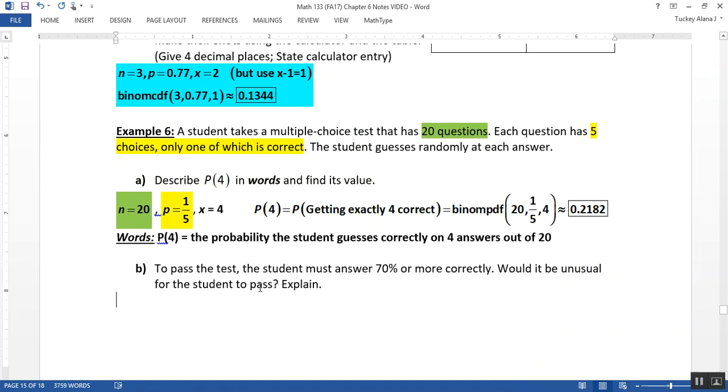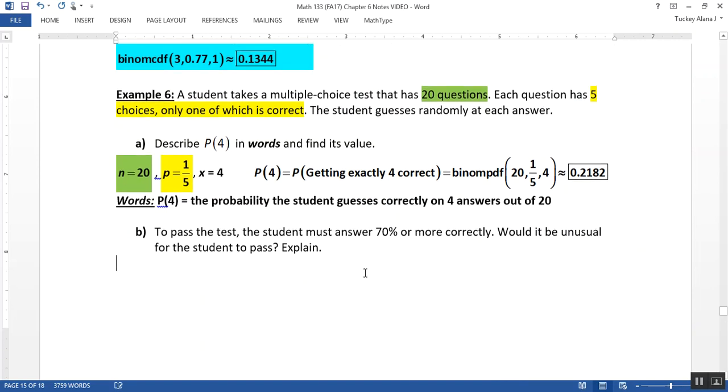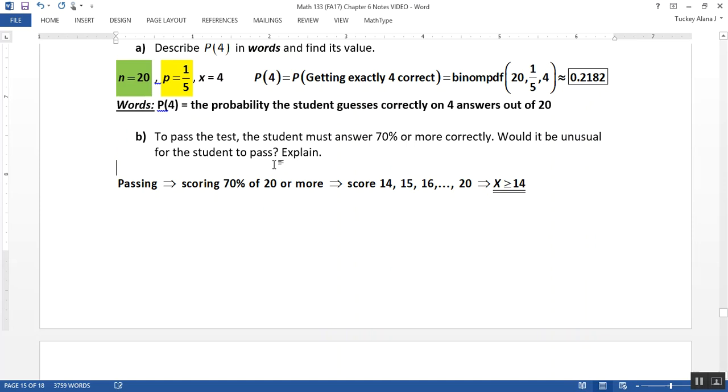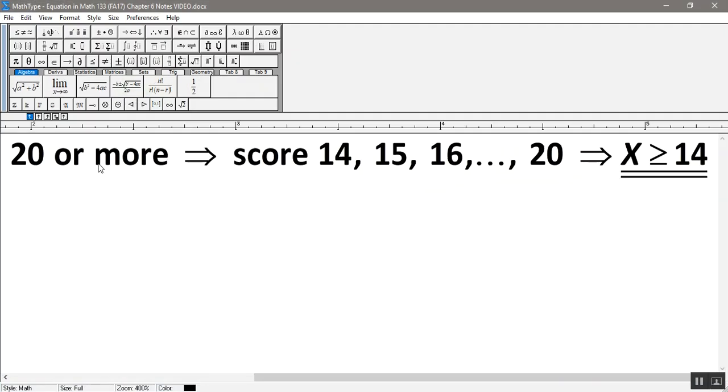All right, now to pass the test, the student must answer 70% or more correctly. But that's 70% of 20. So your first mission is to find what 70% of 20 is. How many correct is that? And then we can figure out the probability. All right, I start off with passing. Passing is 70% of 20. That's equal to 0.7 times 20 or more, right?